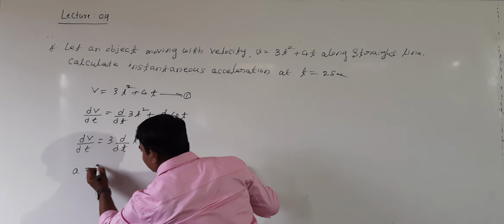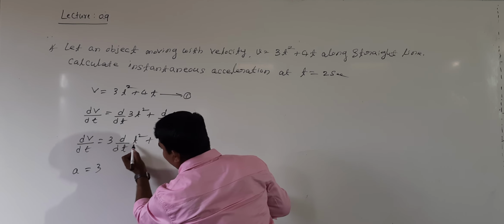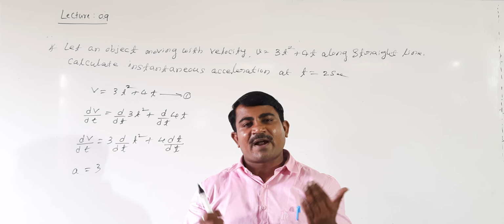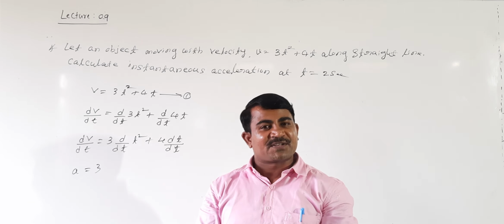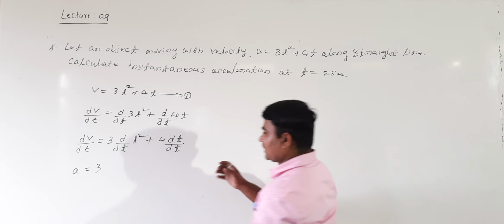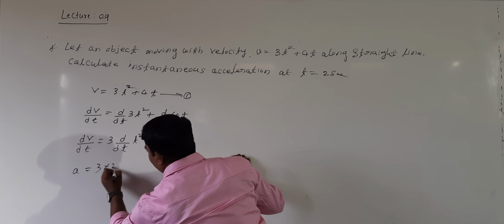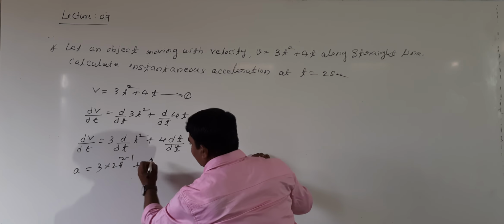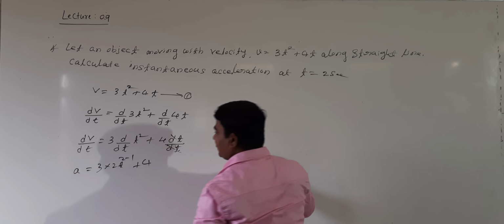3 keep the same. What form is this? d by dx of x raised to n equal to n into x raised to n minus 1. So this is 3 into 2 into t raised to 2 minus 1, plus dt by dt gets cancelled, this is 4.